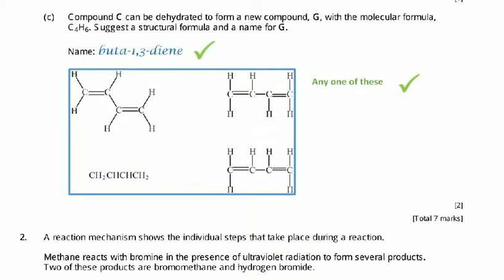You should be able to see quite clearly that the double bond starts on position 1, and then the second double bond starts on position 3. Hence the name 1,3-diene, because you have two double bonds.